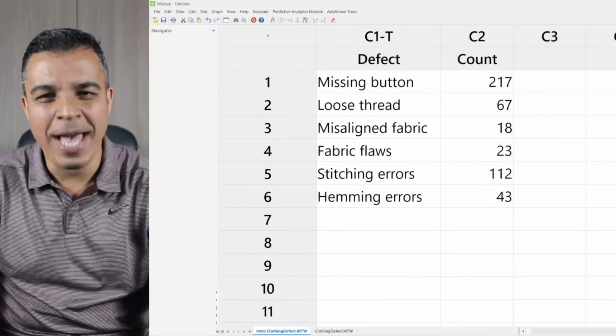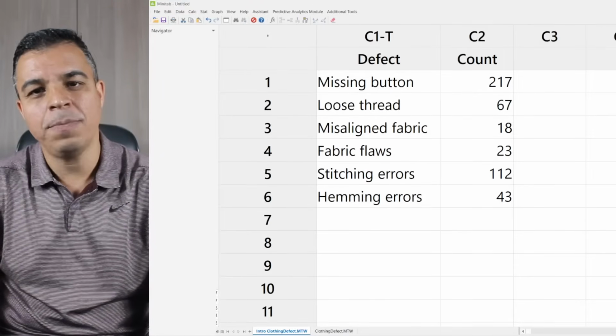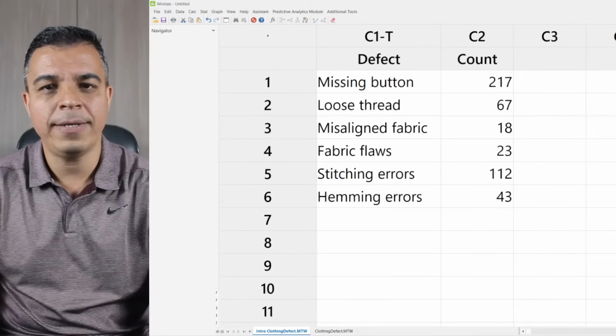So picture hemming errors, stitching errors, fabric flaws, misaligned fabric, loose thread, and missing button.